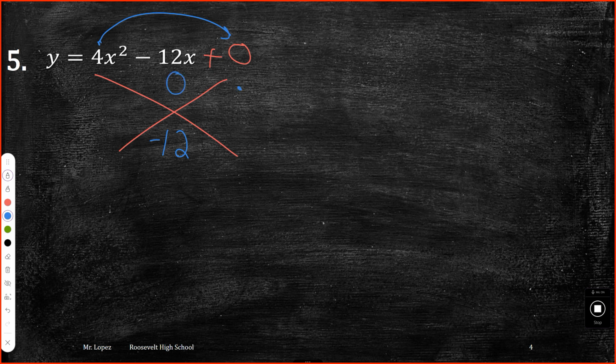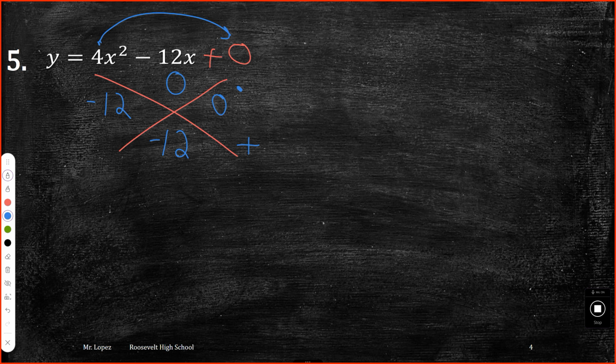Now, what are two numbers that multiply to 0 and add up to negative 12? Negative 12 and 0. Who said it? Negative 12 and 0. Duh, it's negative 12 and 0. How do I know that's negative 12? Negative 12 times 0 is 0. Negative 12 plus 0 is negative 12. Yes?